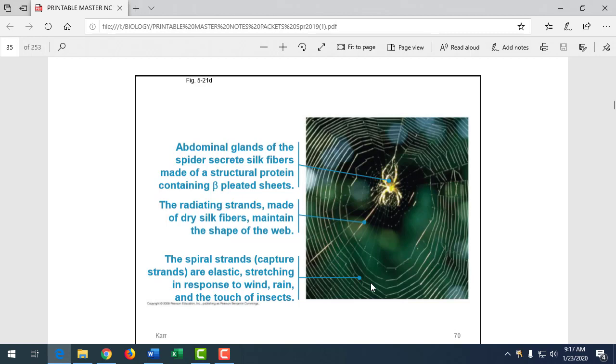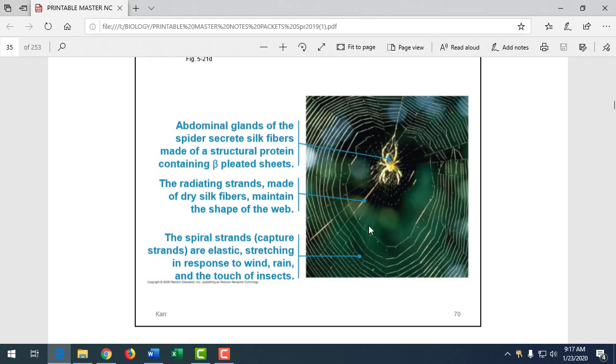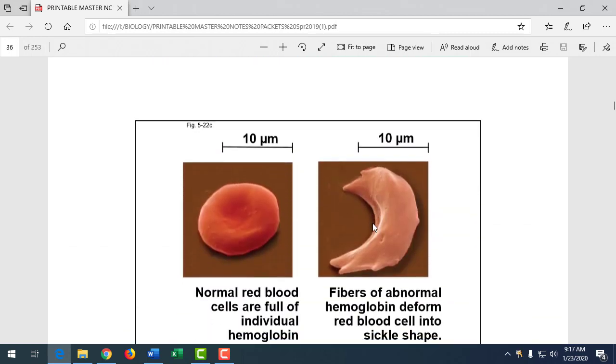You don't need to know the detail of that; that's more detail than you need for this course. But it's very unique and repetitive. The arrangement of these amino acids and how they interact with one another give the proteins a specific shape. And that gives the spider the advantage of having this nice arrangement to catch insects and do their job.